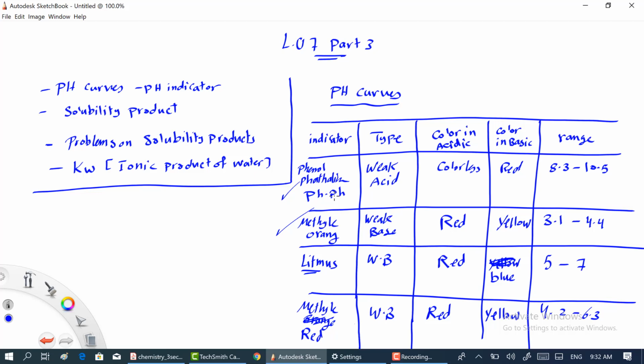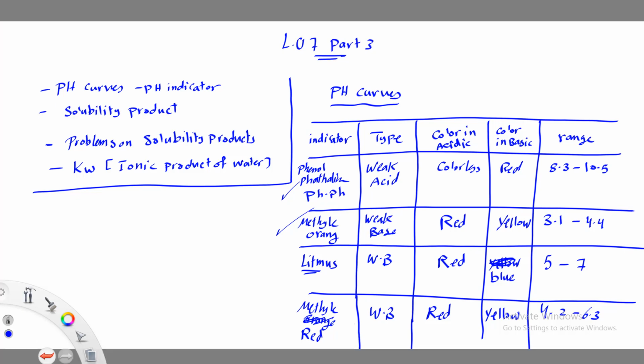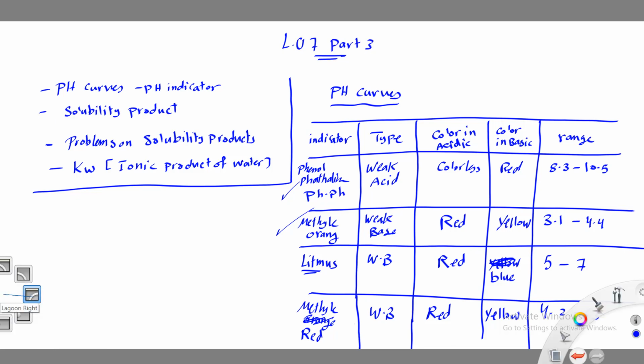Now we are going to talk about the pH curves, or titration curves. Firstly, we will start with the curve of the strong acid with the strong base.